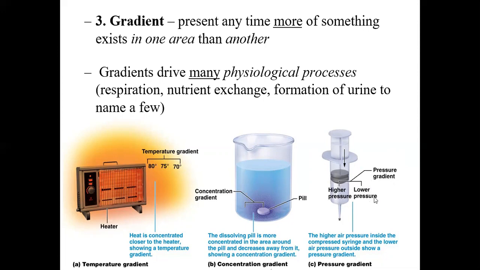That creates a pressure gradient. In other words, that creates pressure that would push the air out from high pressure to low pressure. So there are lots of different processes that we'll eventually talk about that are driven by some type of pressure or concentration or temperature gradient.